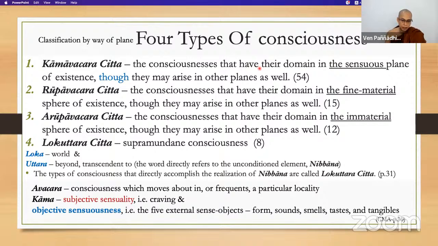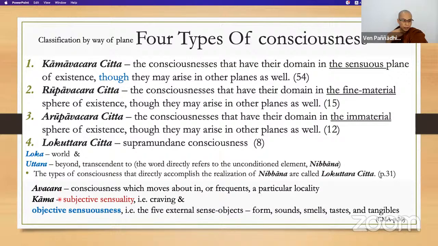That is why the 54 consciousnesses are regarded as kamavacara citta. Later we will analyze what the 54 are, but for now you have to keep this information and try to understand why we identify the 54 consciousnesses as kamavacara citta, sense sphere consciousness. Because they arise mostly in the sensual planes of existence, the sensual planes are regarded as their domain. This is the reason we can call them kamavacara citta, or sensual sphere consciousness.